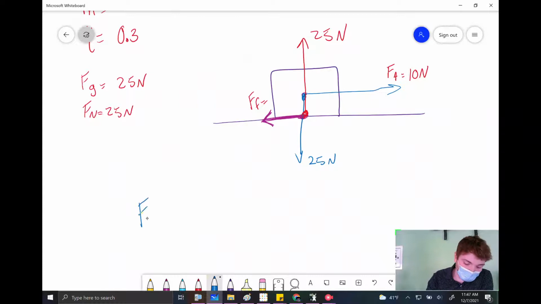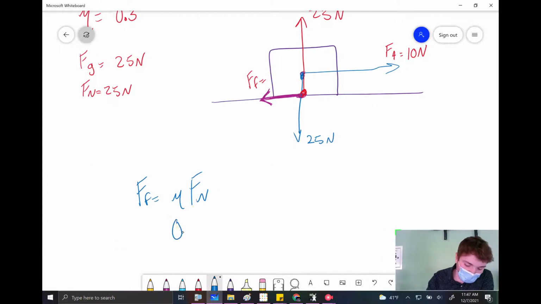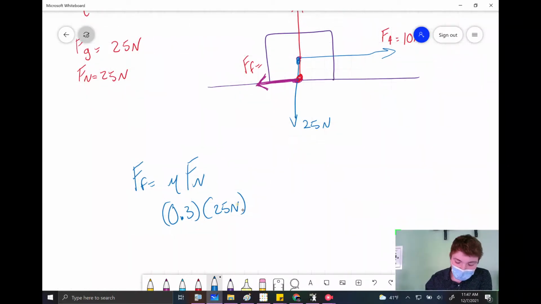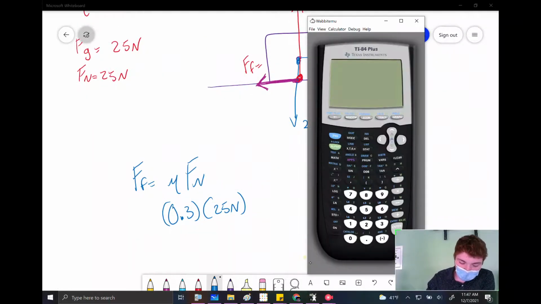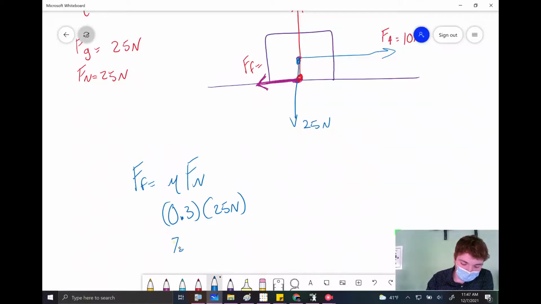So we have our formula. Ff equals mu times Fn. We said mu is 0.3, and we said Fn is 25 newtons. So all we have to do is multiply those two. 0.3 times 25, and let's see what we get. 7.5.